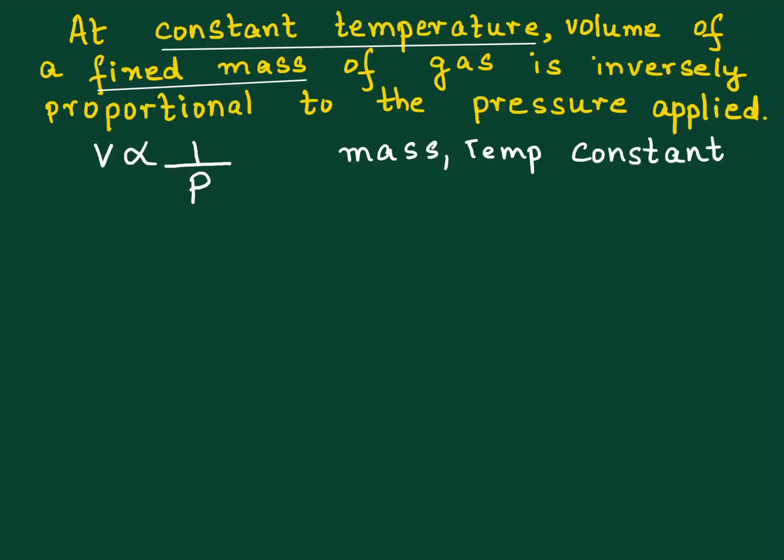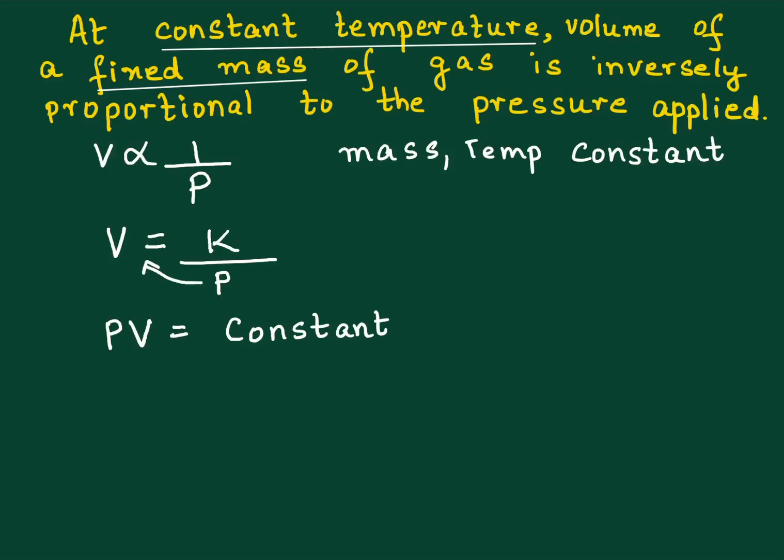Now let us derive a formula out of this. So removing the proportionality sign, we put a constant K. Take P to the left hand side, so we have the product PV is a constant, right?